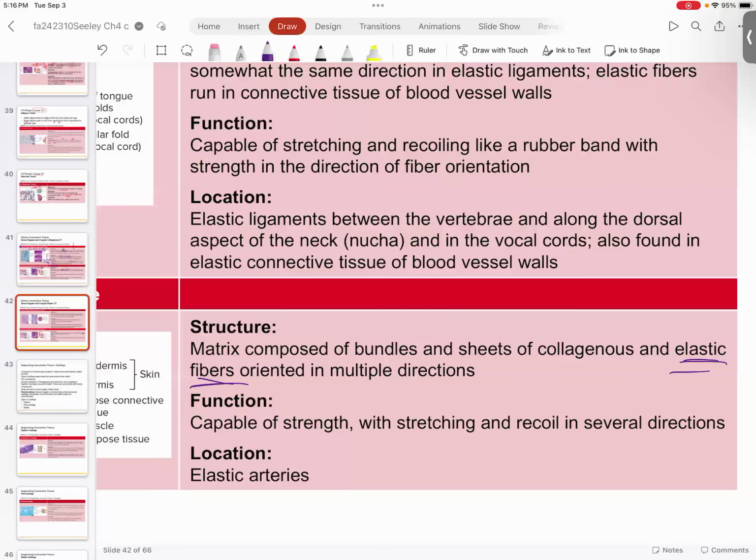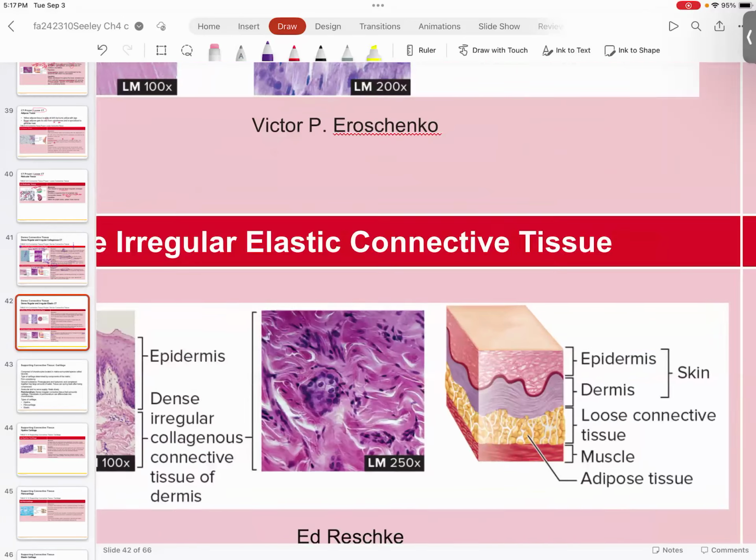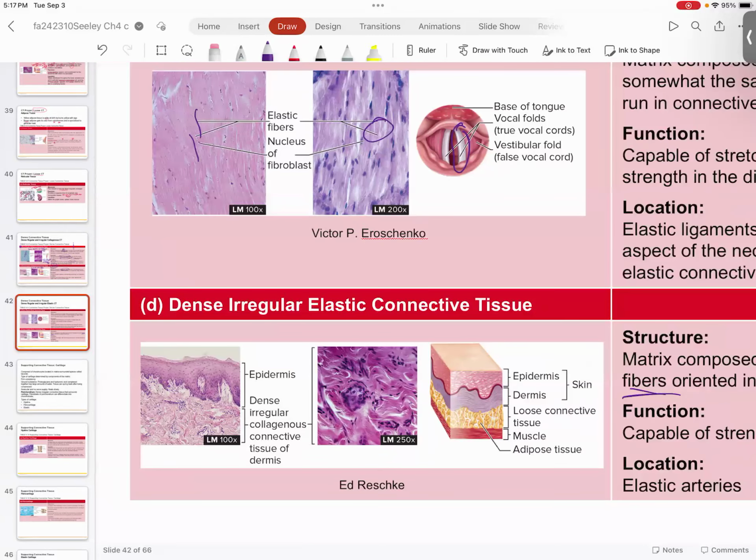So it's not uncommon to see them in the same places where you see dense irregular collagenous, especially with our skin, right? It's not just collagen. We also need a little bit of flex and recoil with our skin, so there's a lot of elastic material in addition to collagenous material. It's not just one or the other.